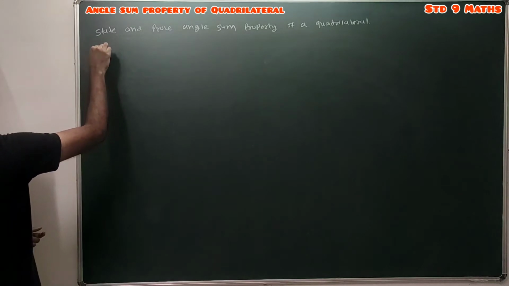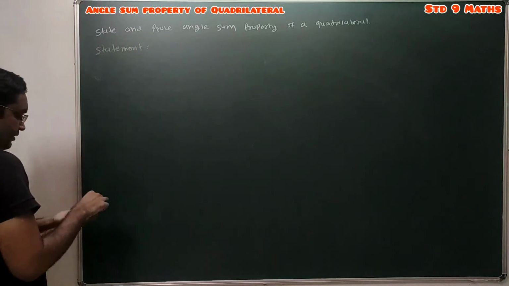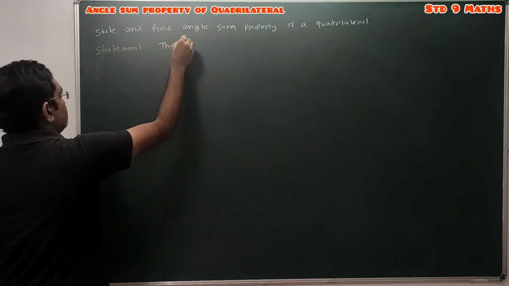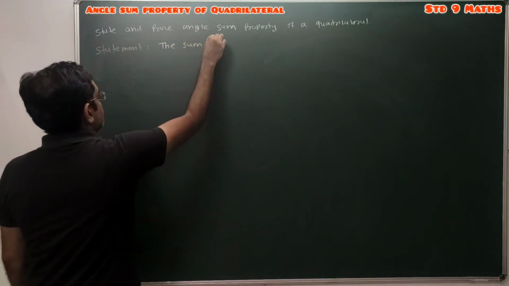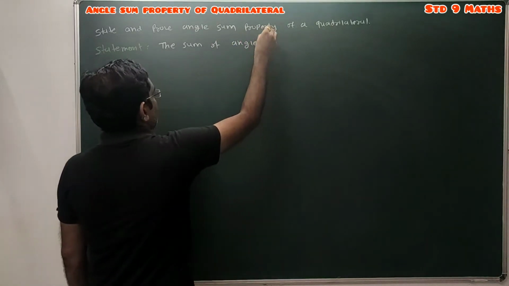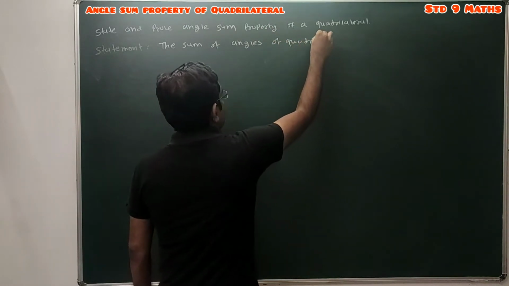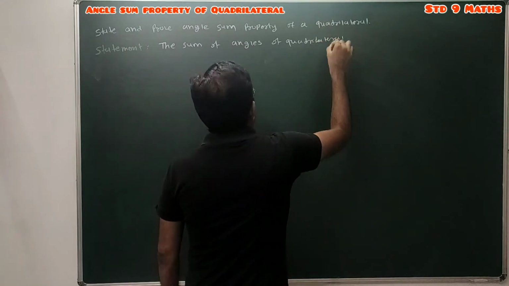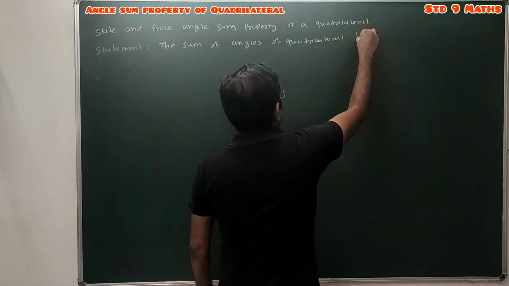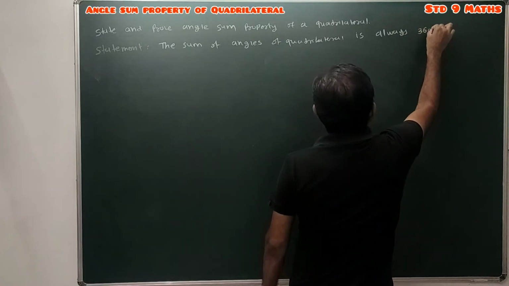So statement, angle sum property of quadrilateral. The statement is: the sum of angles of quadrilateral, or you can also write the sum of measure of angles of quadrilateral, is always 360 degree.